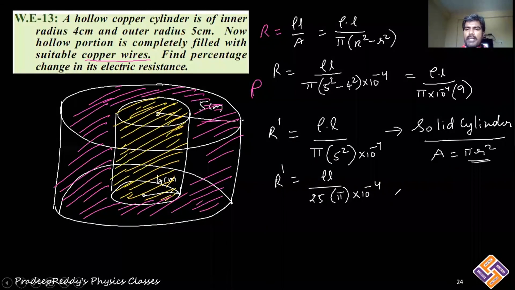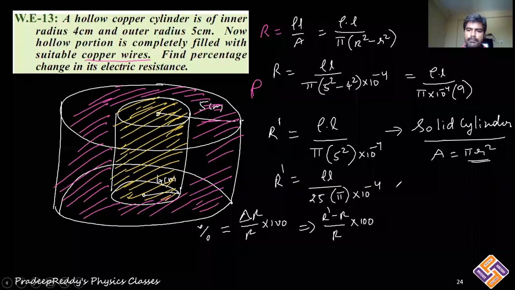Now you want to find out the percentage change. What is the formula for percentage change? Delta R by R into 100 gives you the percentage change. So delta R is R dash minus R divided by R into 100.